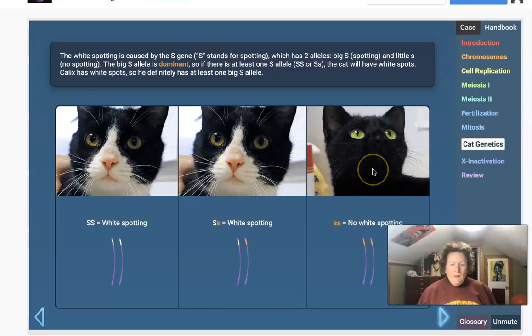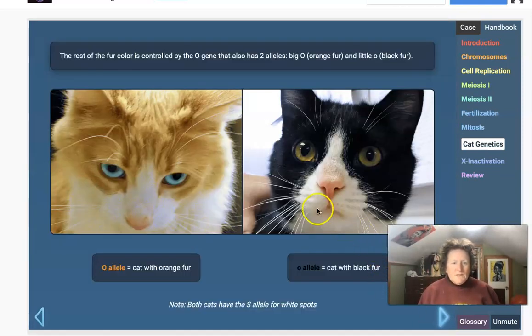If you have little s, you're homozygous recessive, then you don't have any white spotting. Remember, the spotting gene is on an autosome, not a sex chromosome, so it's not linked to the X chromosome.